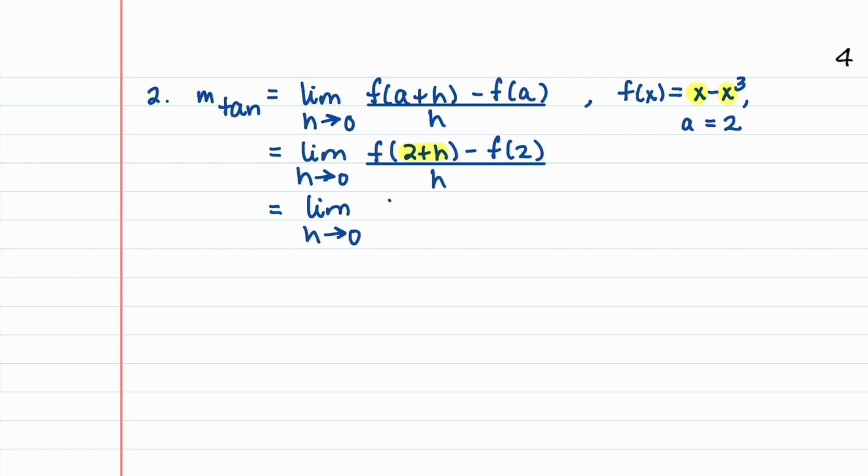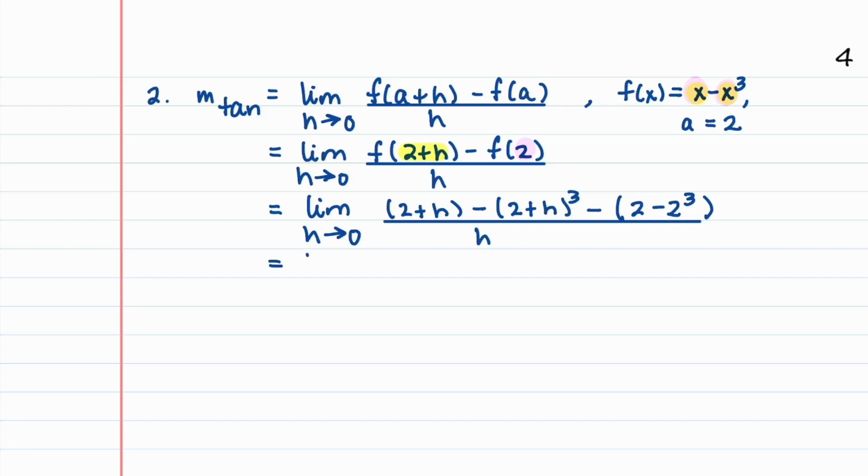This gives us 2 plus h minus 2 plus h quantity cubed minus, now wherever we have an x, we're going to plug in 2. So this is 2 minus 2 cubed. And then all of this is divided by h.